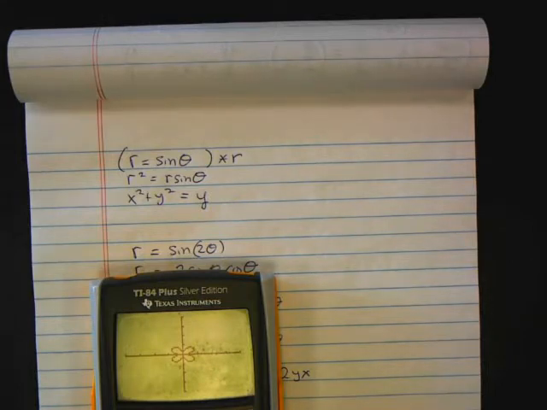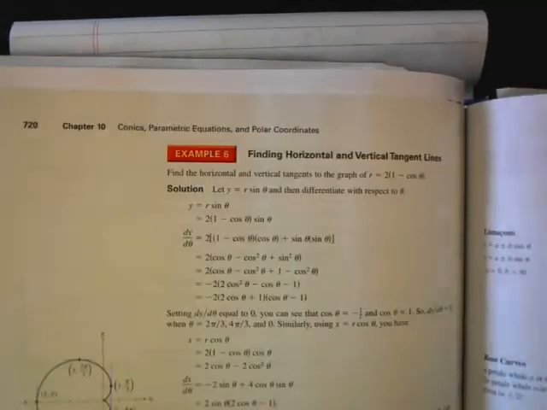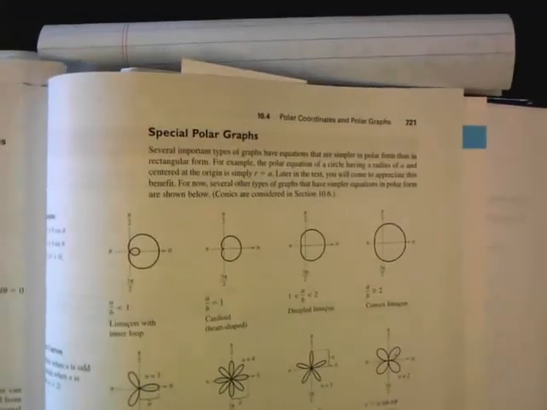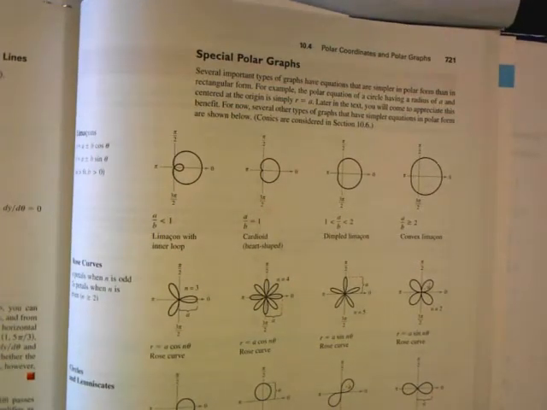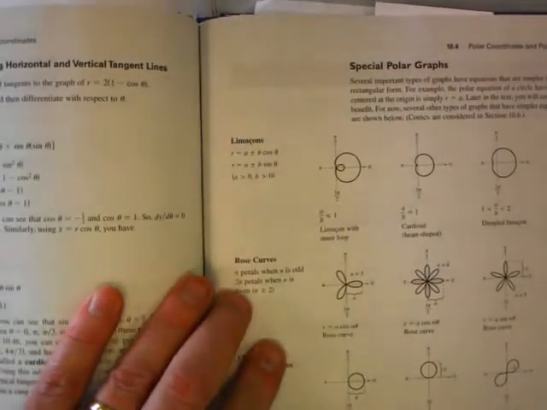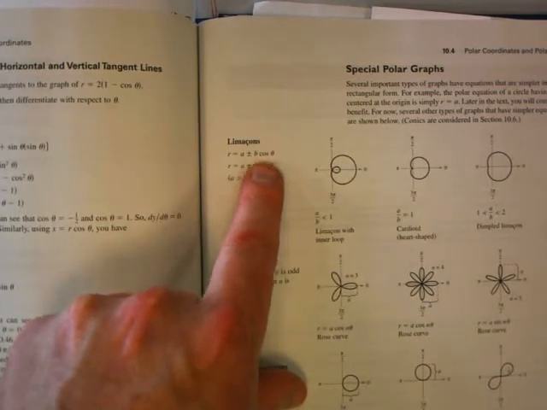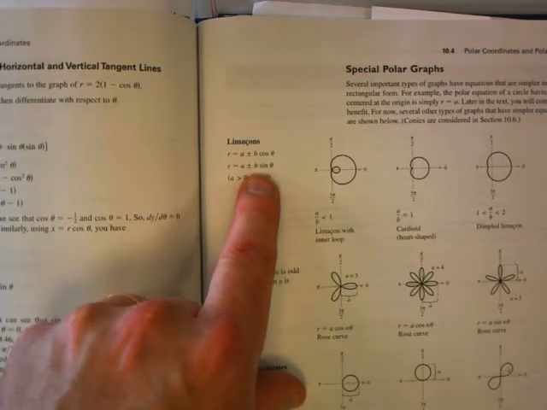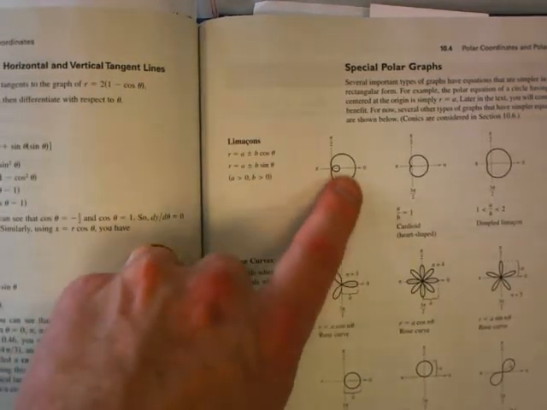All right, in your book here they show you some interesting pictures. So your equation, if you have r equals a plus or minus b cosine theta, or a plus or minus b sine theta, if a over b is less than 1, you get what's called a limaçon with an inner loop.